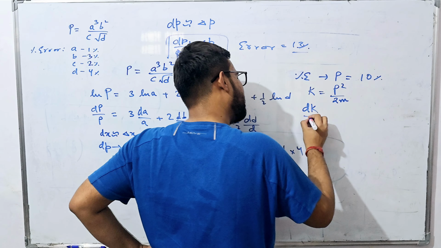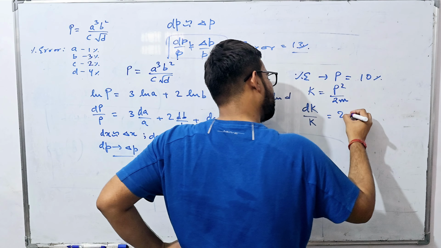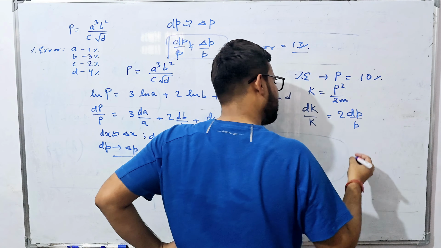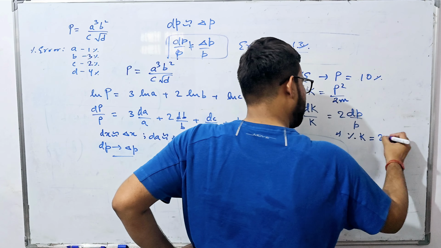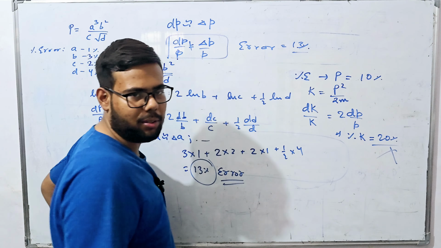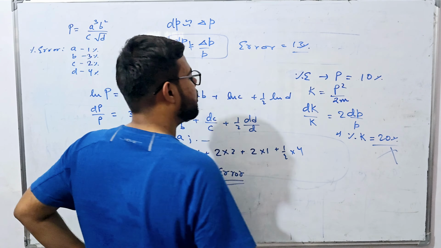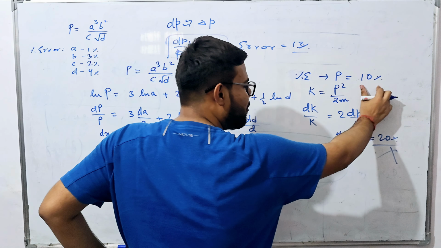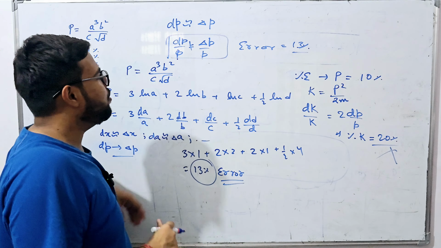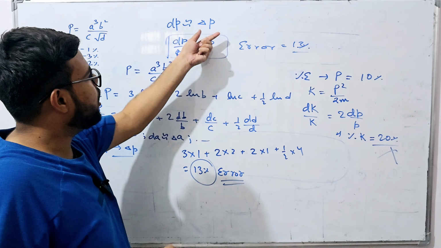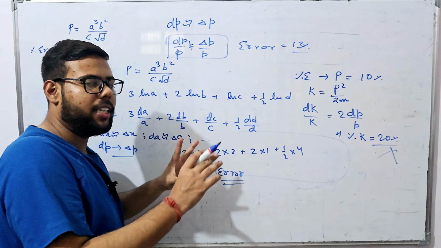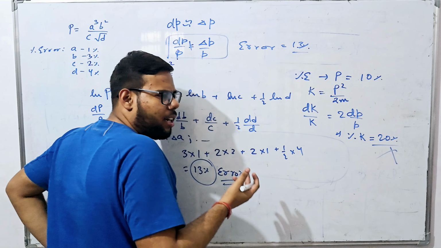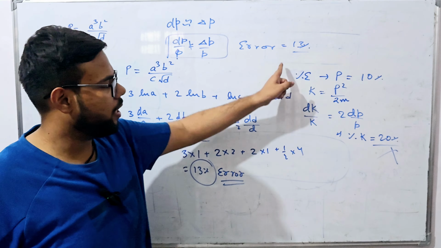So dK by K is 2 dP by P, which means that the percentage error in kinetic energy should be equal to 20%. But this is wrong. Why? Because in this case, the error of 10% is greater than 5%. We generally say dp is equal to delta p, or dx is equal to delta x, only for very small errors, right? So in this case, how are we going to evaluate this?